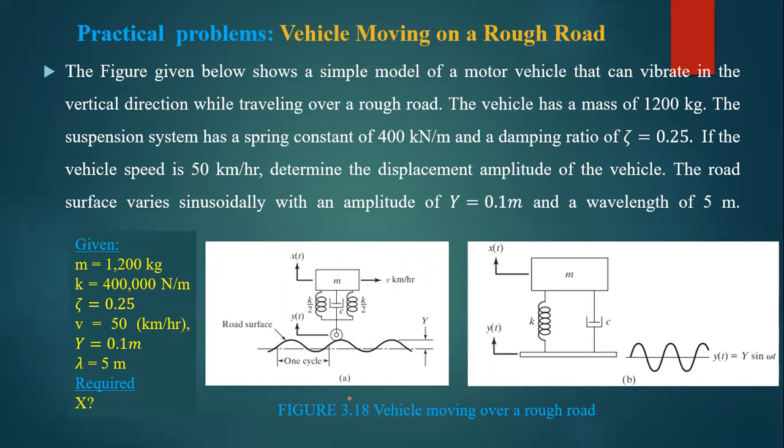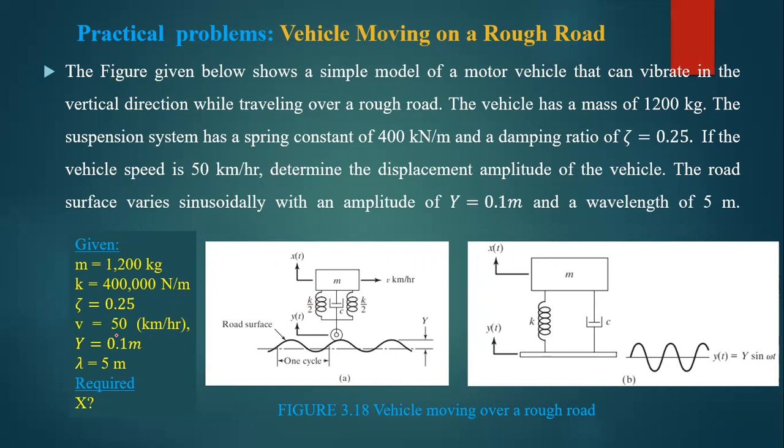So this is the representation. We are given the total mass of the car as 1,200 kg. The stiffness k is equal to 400,000 newton per meter. The damping ratio zeta, which equals damping coefficient c over critical damping coefficient cc, is 0.25.